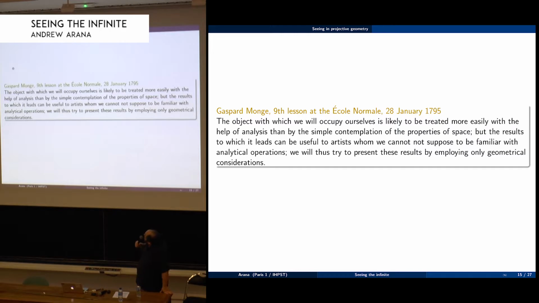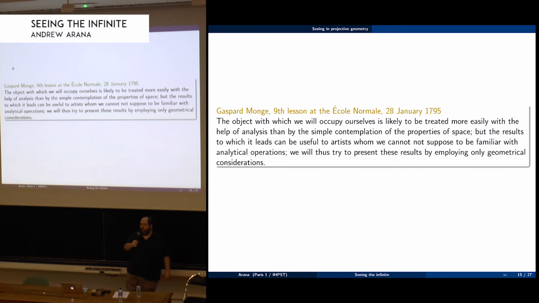He says, "The object with which we will occupy ourselves is likely to be treated more easily with the help of analysis than by the simple contemplation of the properties of space. But the results to which it leads can be useful to artists who we cannot suppose to be familiar with analytical operations. We will thus try to present these results by employing only geometrical considerations."